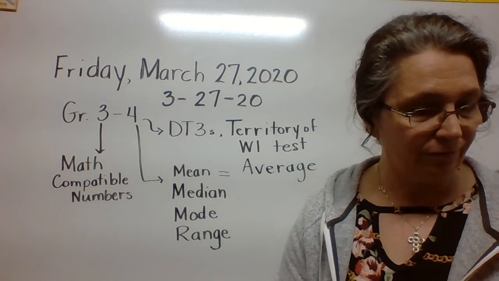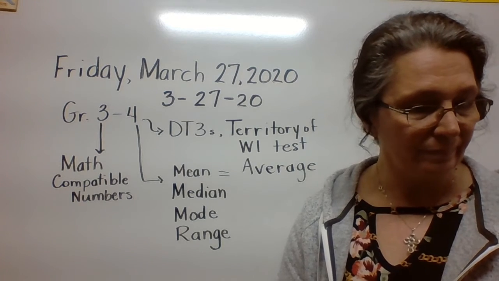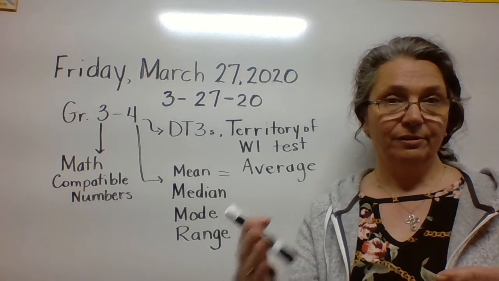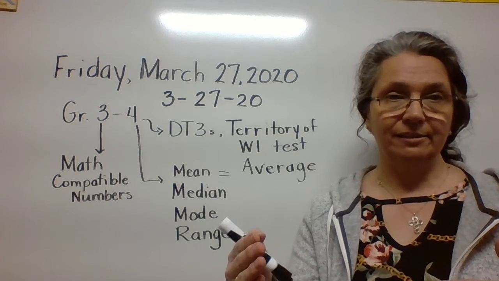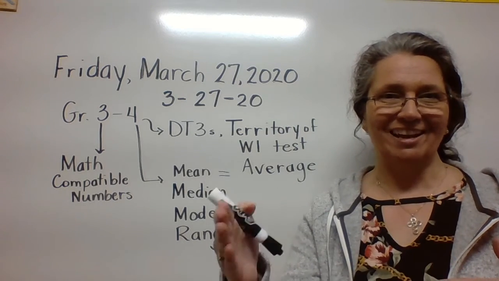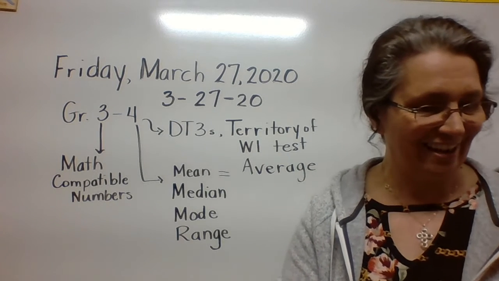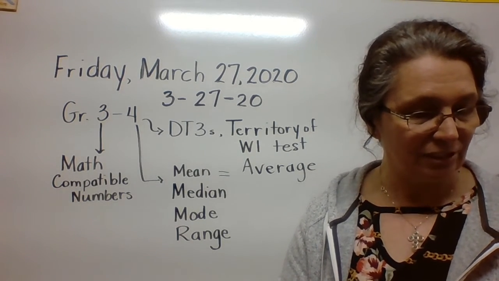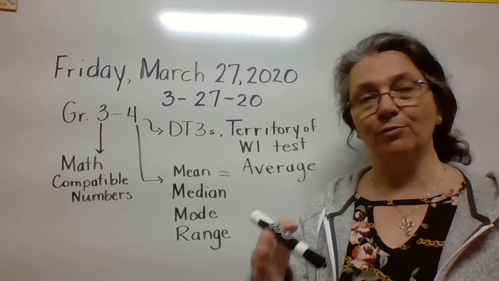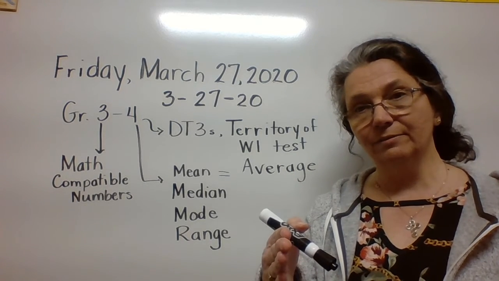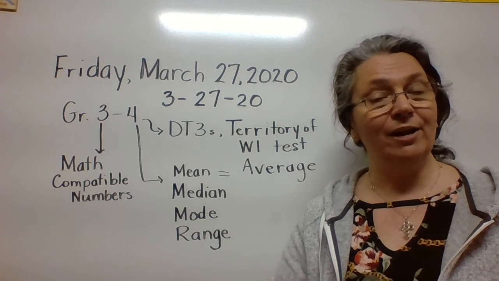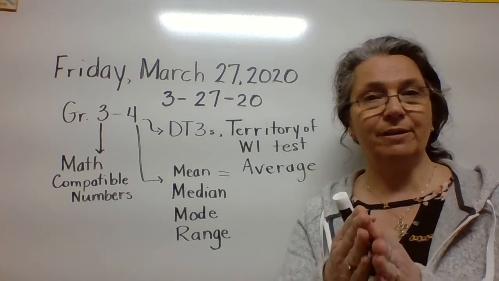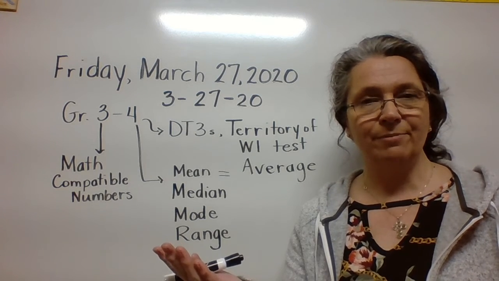And so to find the median, you arrange all the scores in order from least to greatest, okay, least to greatest. And then you look for which one is in the middle. This works great if you have an odd set of numbers, because there's always going to be a middle. But what if you have an even set of numbers?